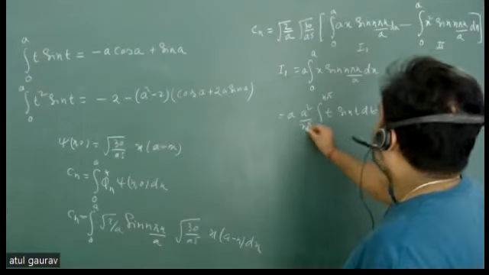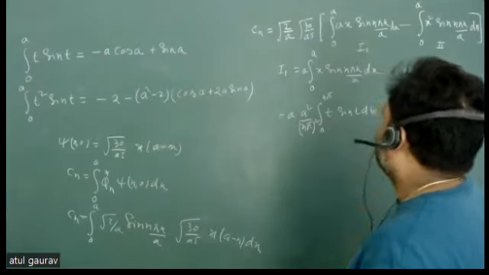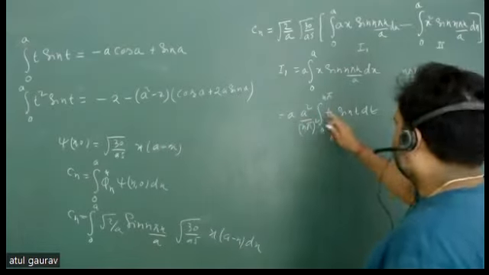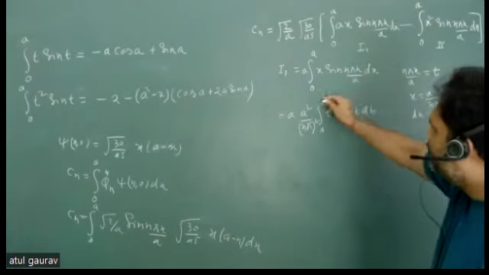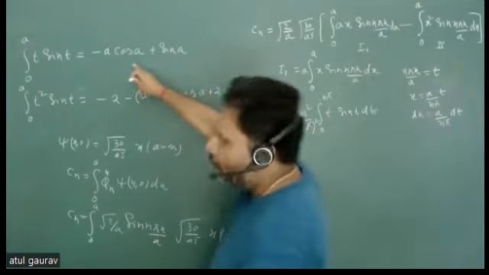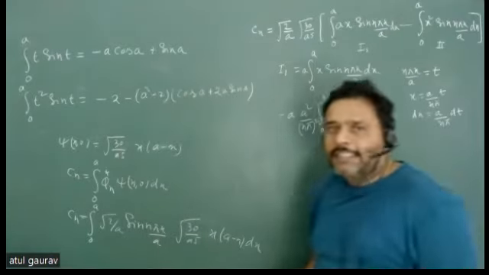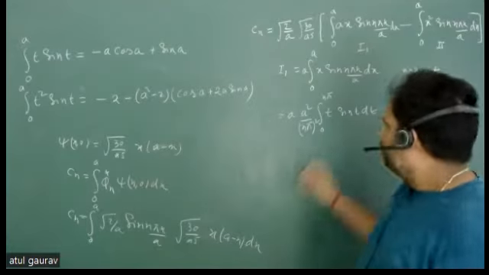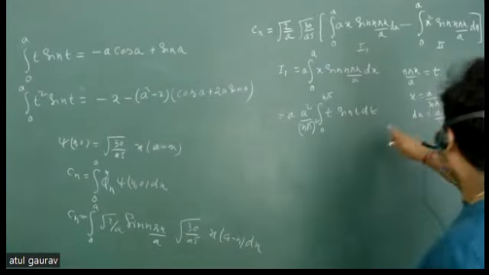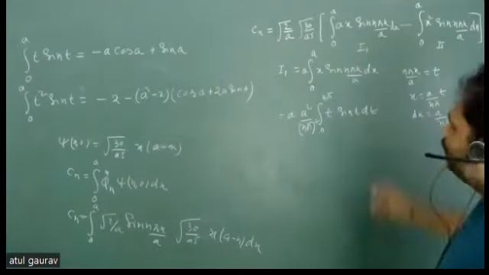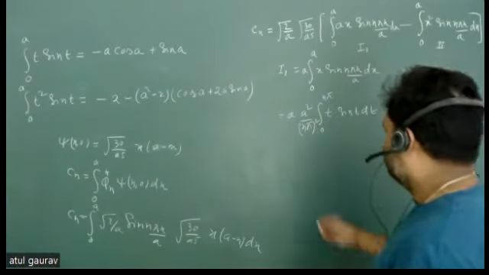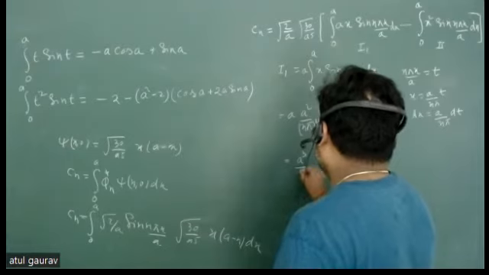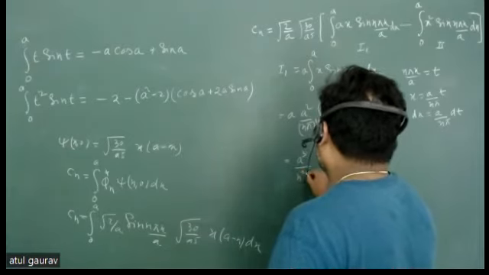N pi square, exactly, that is n pi square will be there. Now you can see we have written this particular integration in this form, isn't it? The challenge is how you are making it dimensionless. So t here becomes dimensionless. Are you getting my point? So you have to use this thing. This value is a cube upon n square pi square.